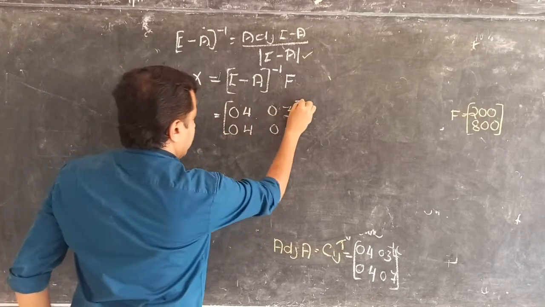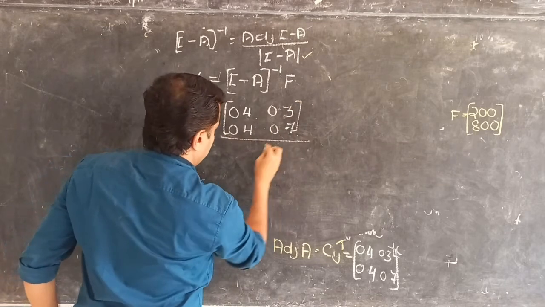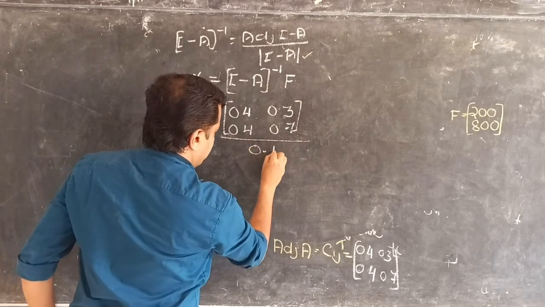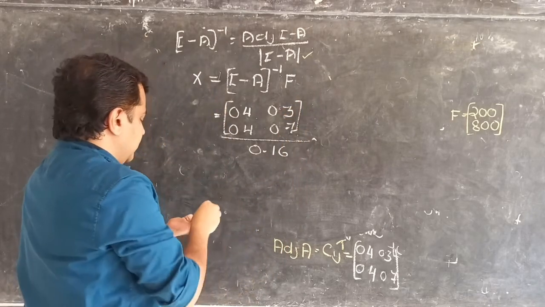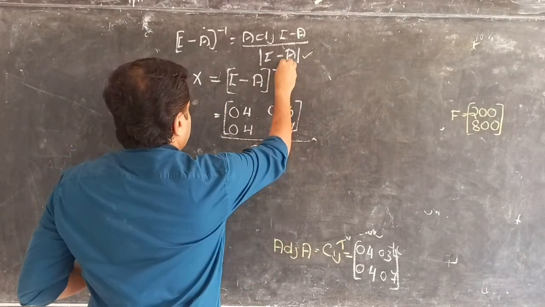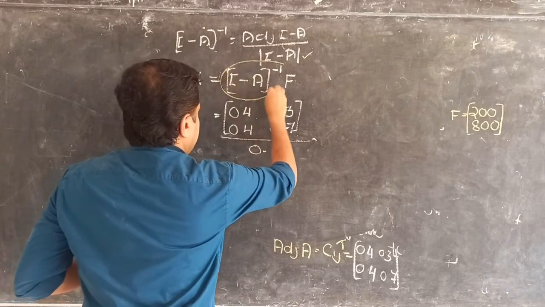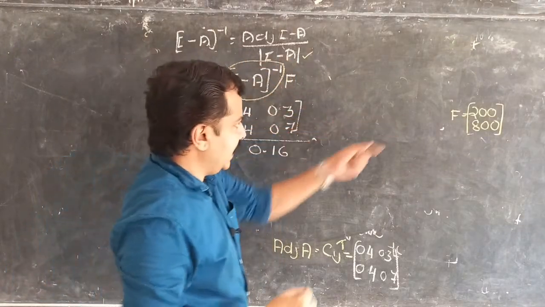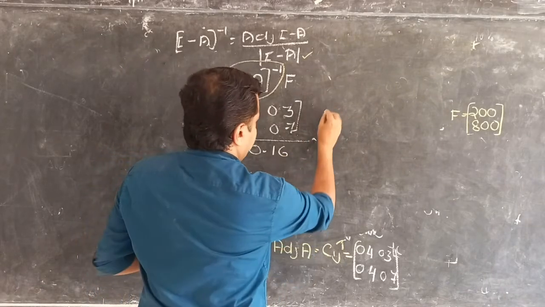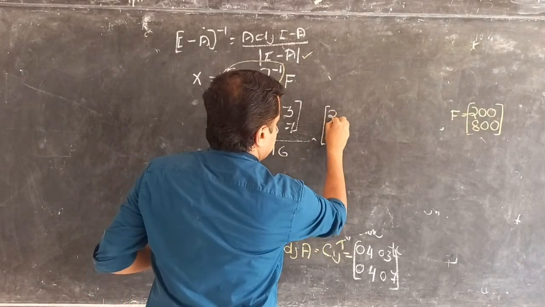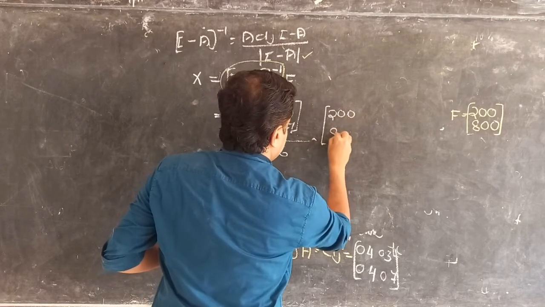This is the adjoint divided by the determinant. We already had the determinant, which is 0.16, into, so this part is over. This part we already calculated, the I minus A inverse into F. F is nothing but the vector of final demand, and our vector is 200 and 800.